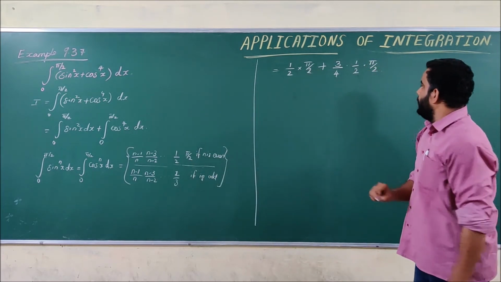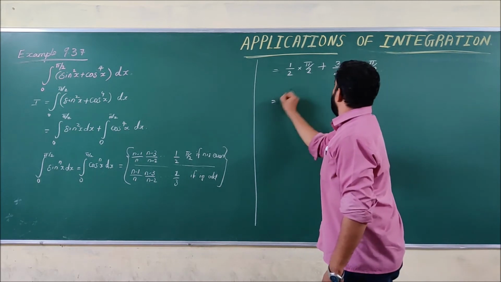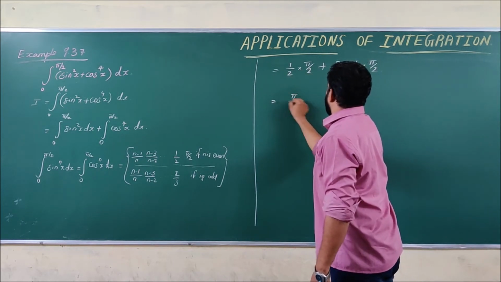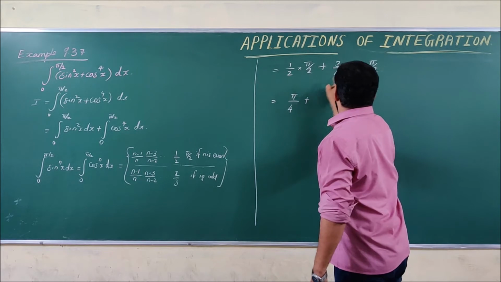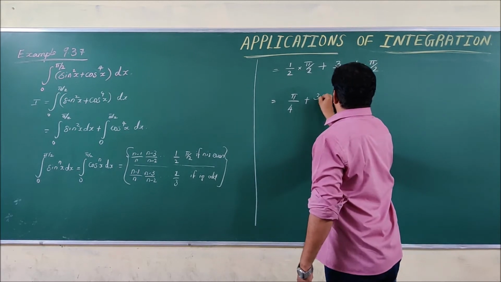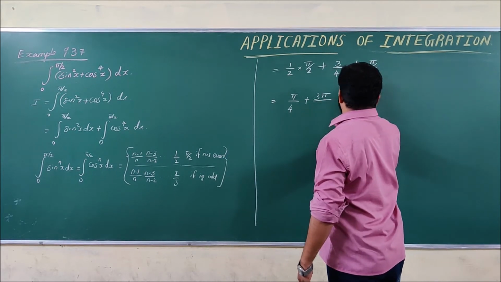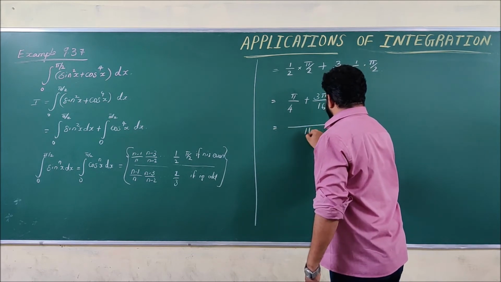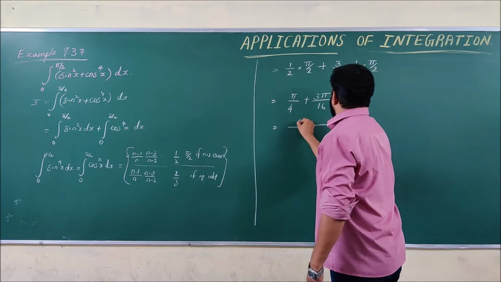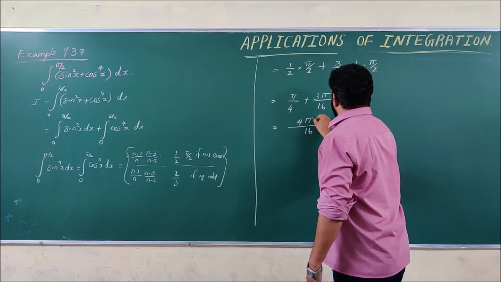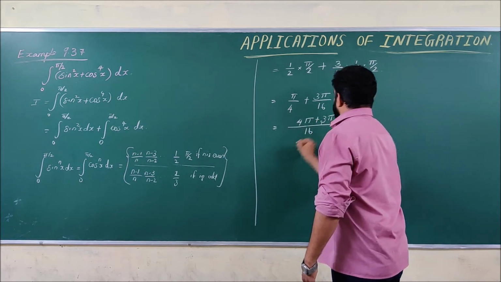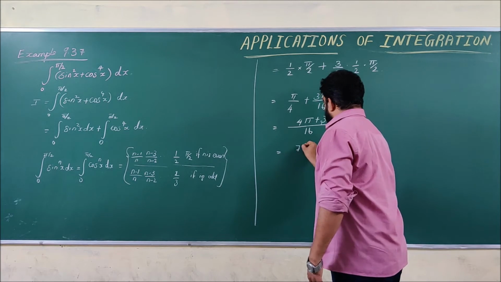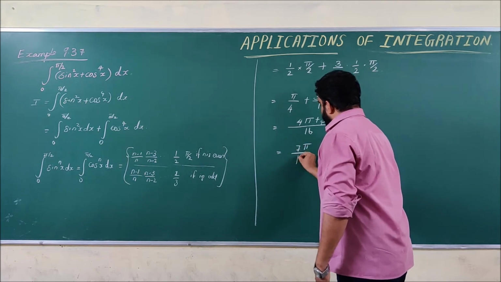Pi by 2. Now we solve this. This is pi by 4 plus 3 pi by 16. Now we are taking the LCM, this is 16: 4 pi plus 3 pi, so 7 pi by 16.